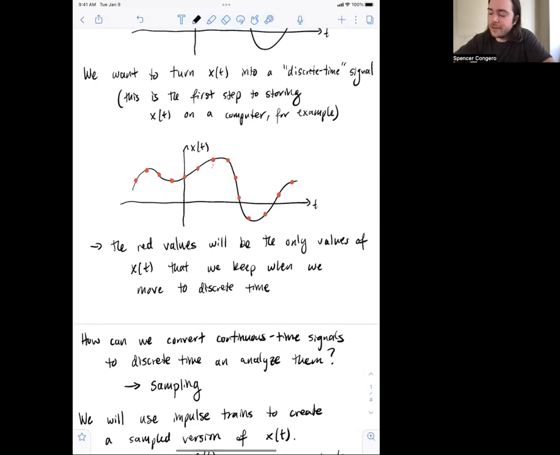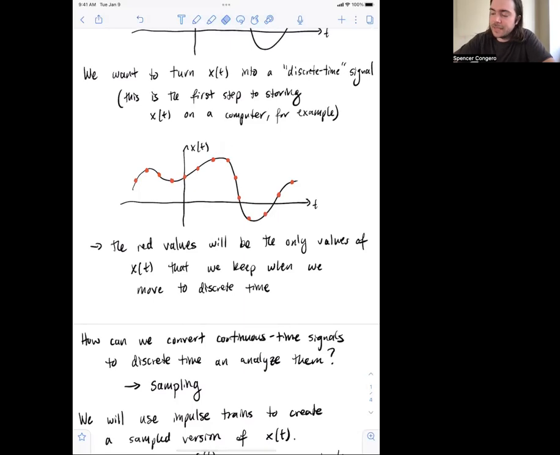If we integrate that delta function, we get the value of its height or area, which in this case would be x of 2 T sub s. So if we integrate this function from there to there, we can recover this value x of 2 T sub s.